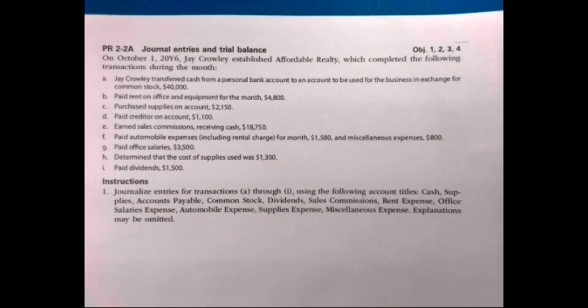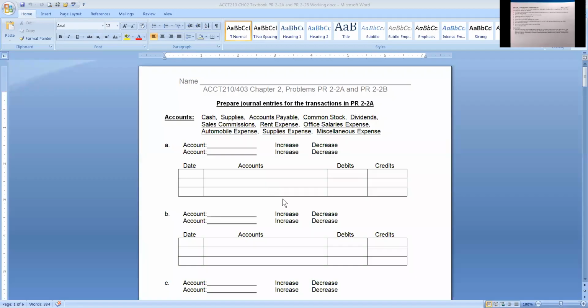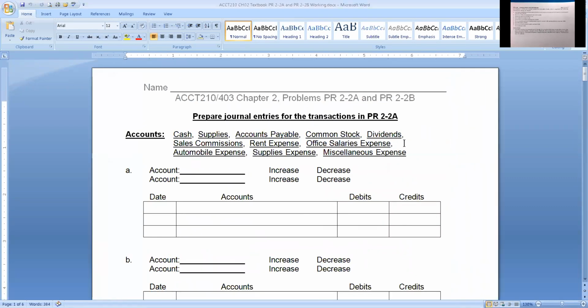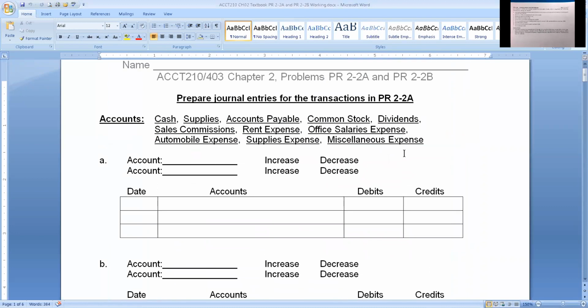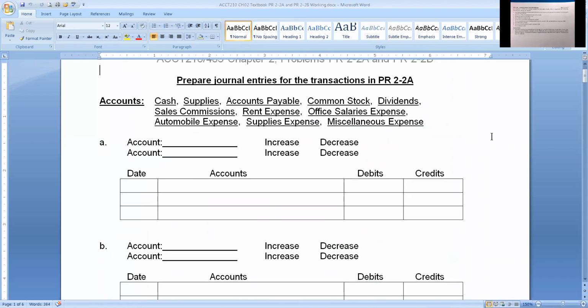This is just like we had before, a similar handout, except that it doesn't have the transactions in it. So we're going to use the sheet on the side for the transactions.